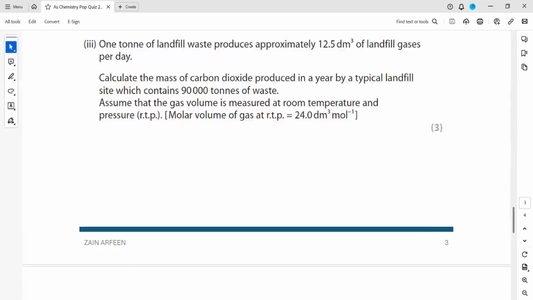First, because we have to calculate annually, 1 ton of landfill waste produces approximately 12.5 dm cube per day. So this is the gas produced in one day. We can work out first how much gas is produced in a year.